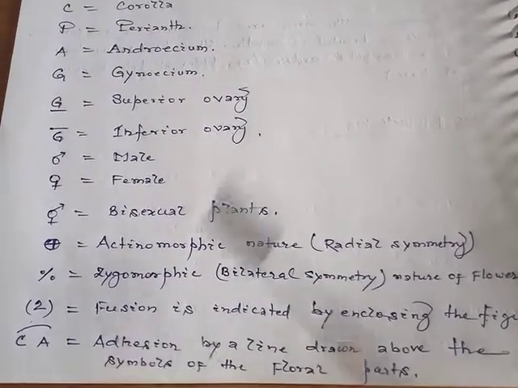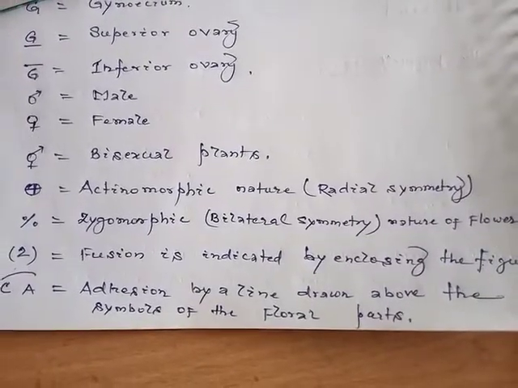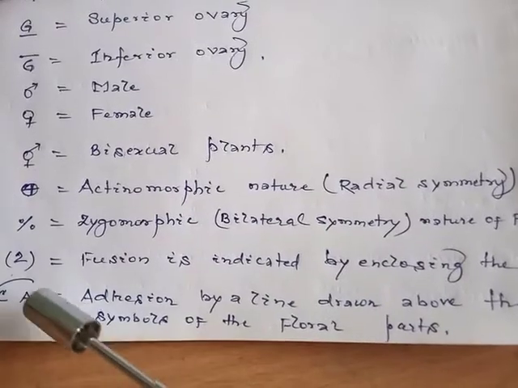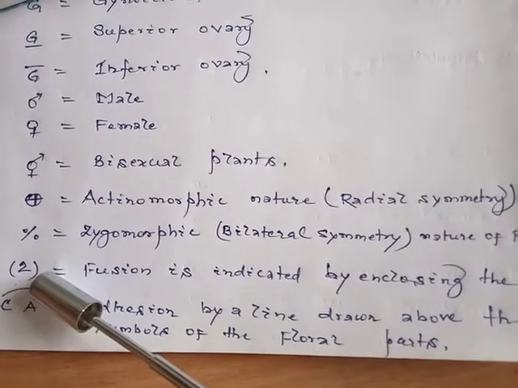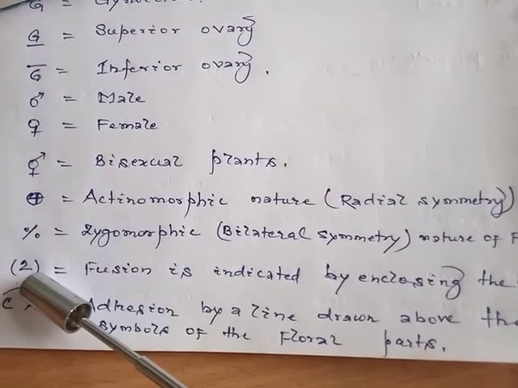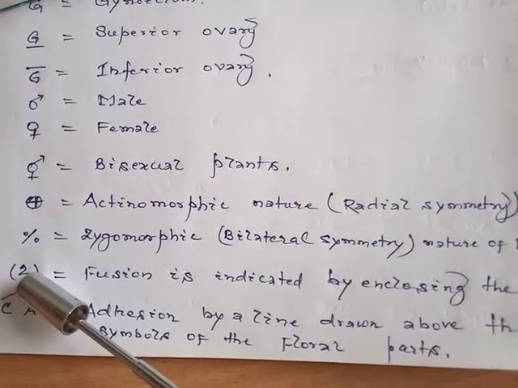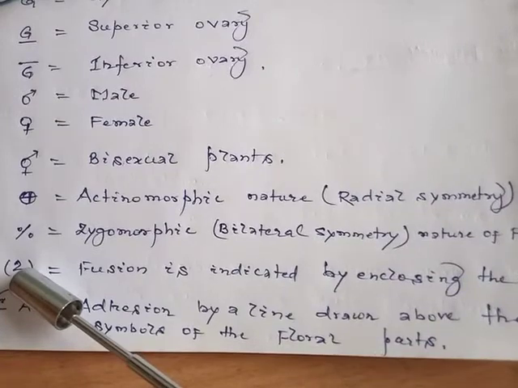And when any of the structures are fused, the fusion is indicated by enclosing the figure within a bracket. Suppose 2 has been written within the bracket, it means both the members are fused to each other.